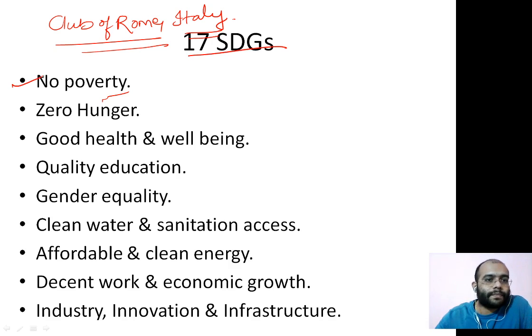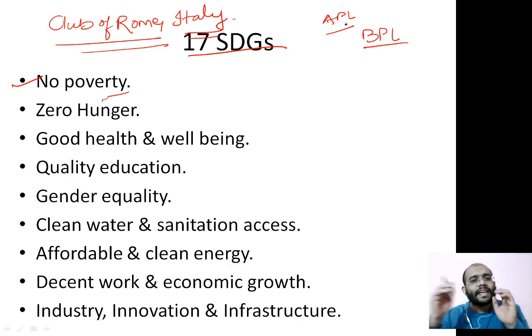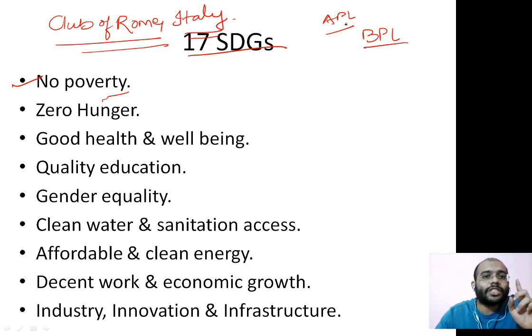No poverty. If there will be no one below the poverty line, no BPL families. We will deal with BPL, APL and all in our poverty section in upcoming discussions. Complete eradication of poverty from the world is sustainable development goal number 1.